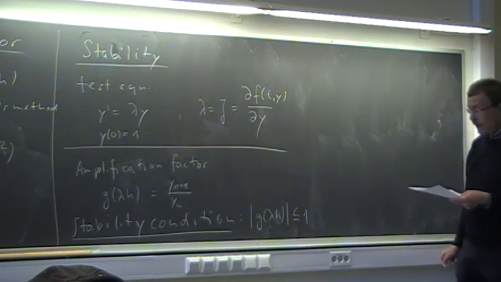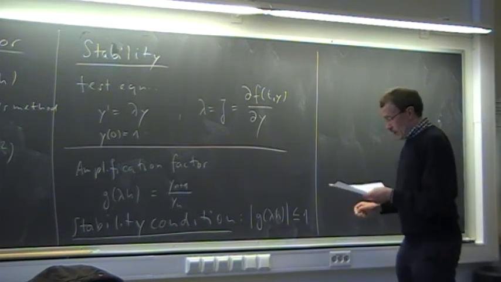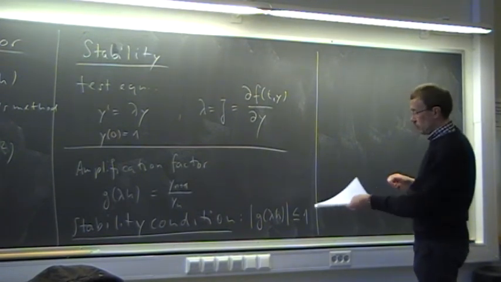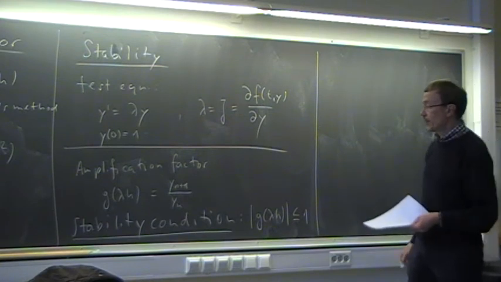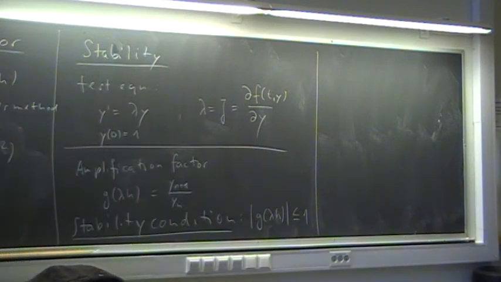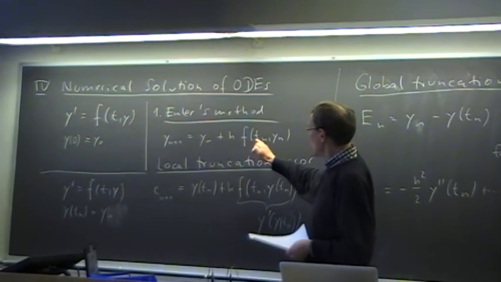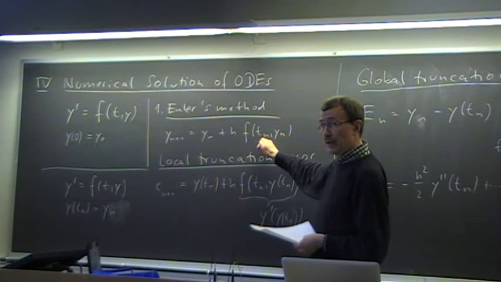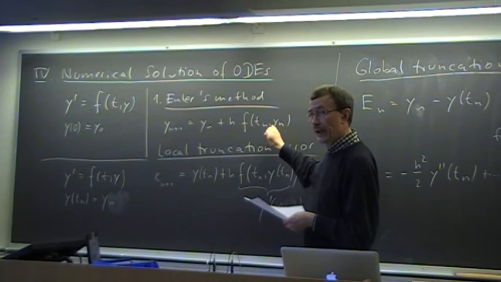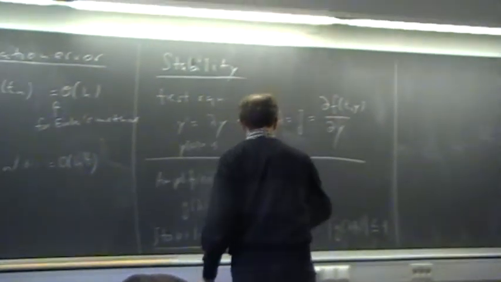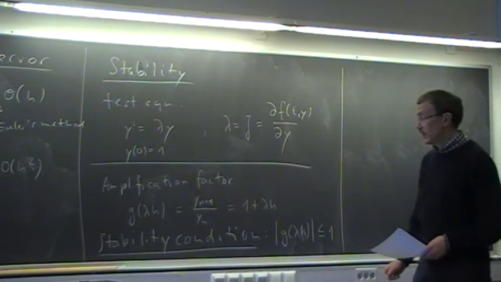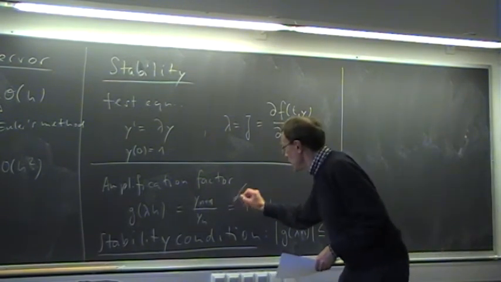That is the condition: the absolute value of G of lambda h has to be smaller or equal than 1. In our example we just plug in things: y n plus h times f of t, y n, which would be lambda y n. So we get h lambda y n, and that means G will be 1 plus lambda h. That is what we get for Euler's method.